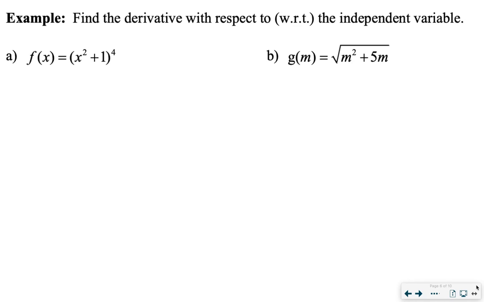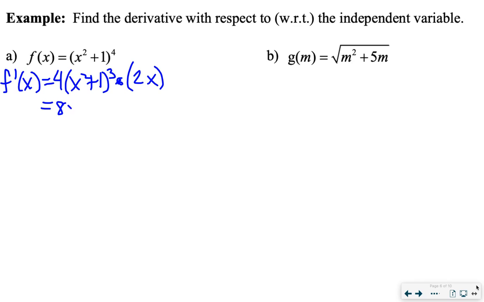So for the first example there, I've got f of x equaling x squared plus 1 to the exponent 4. So my f prime of x, we're going to use that power rule, so we're going to do 4 times x squared plus 1 to the exponent 3, and then multiply by the derivative of what's inside, which is 2x. So I simplify that, and I get 8x times x squared plus 1 to the exponent 3.